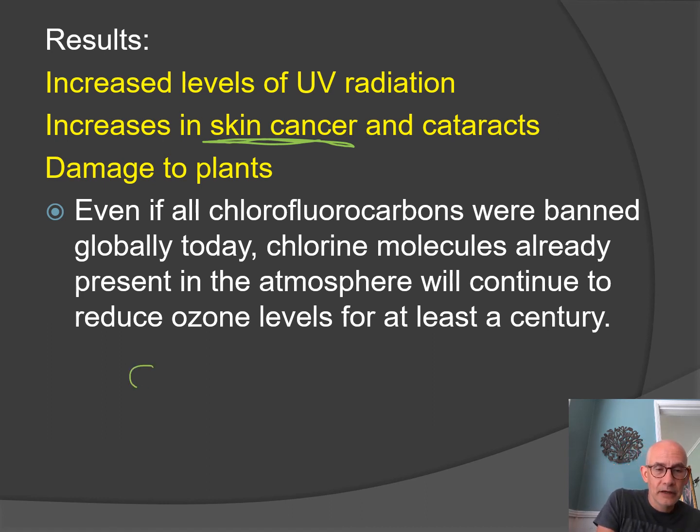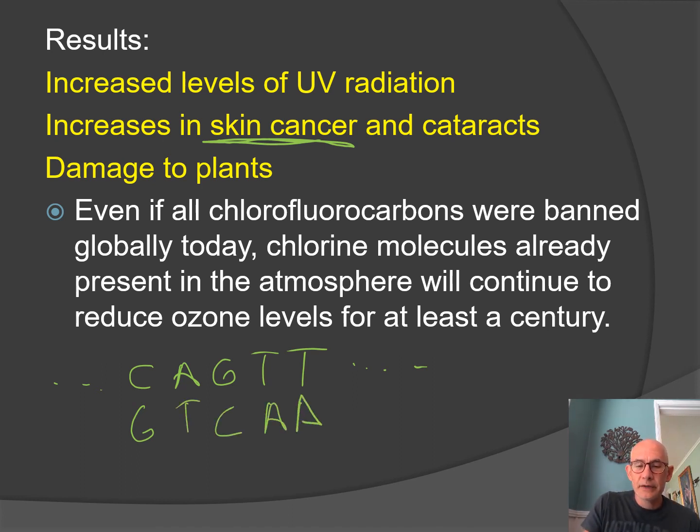If you've got cytosine, adenine, guanine, thymine going that way, and you've got your complementary sides over here, what the UV light will do is it will hit these thymines right here and bond them together. It's called a thymine dimer. And that disrupts the way that the DNA is read.